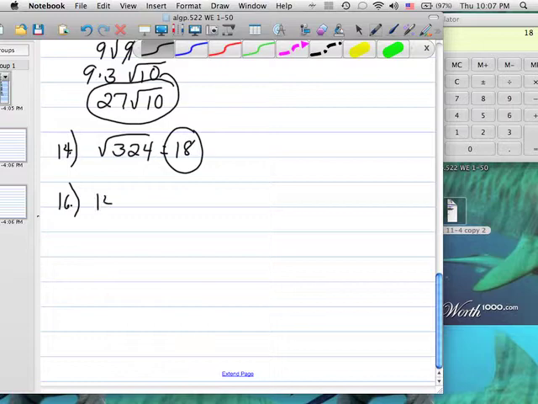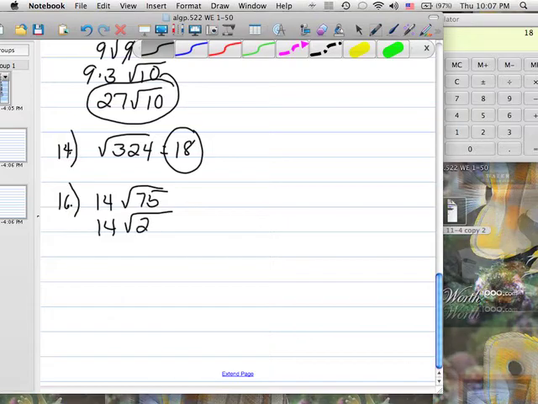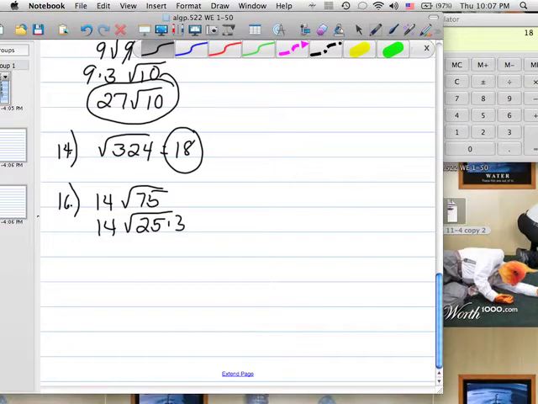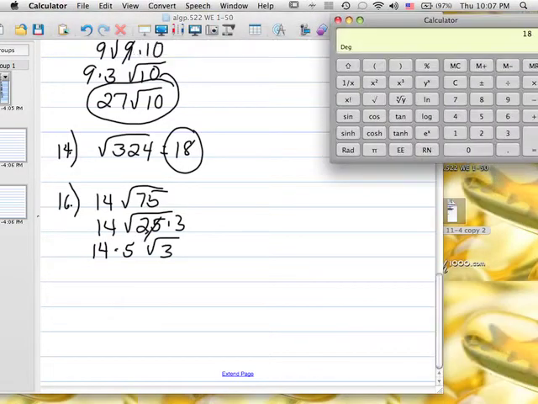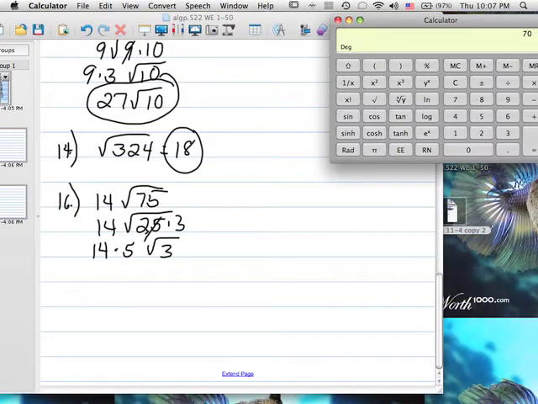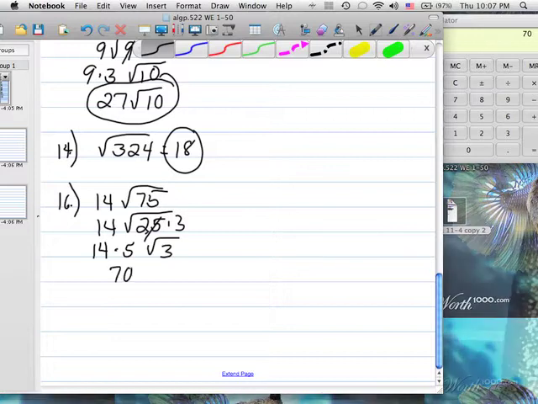Number 16, you have 14 radical 75, and we've done this before, so we know 25 is the largest perfect square there. The square root of 25 is 5, so it's 14 times 5, radical 3. 14 times 5 is 70. So we have 70 radical 3.